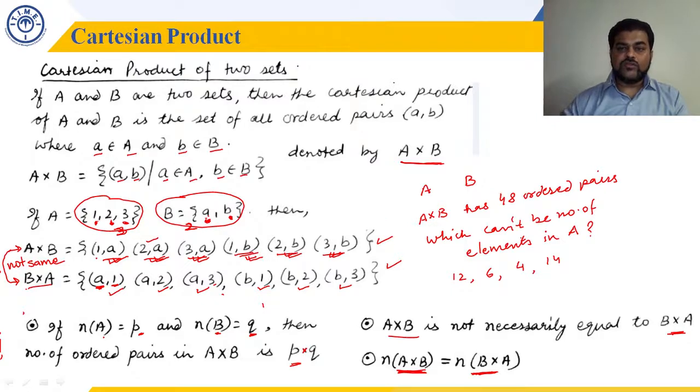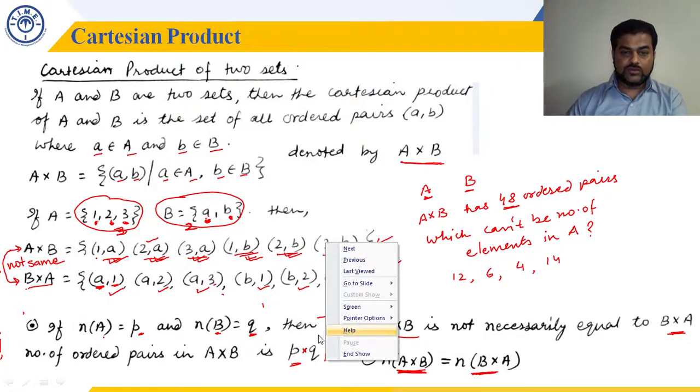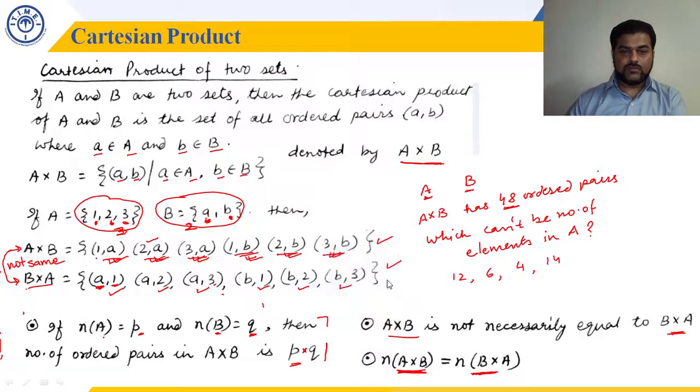So we have A cross B with 48 ordered pairs. Under A cross B, all the elements are ordered pairs, where the first element is taken from set A and the second element is taken from set B. The question is asking which of the following can't be the number of elements in set A. We'll use this property to solve it. Suppose A has p elements and B has q elements.